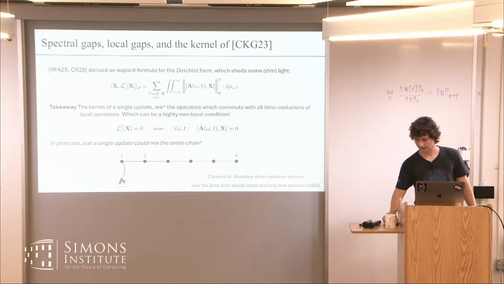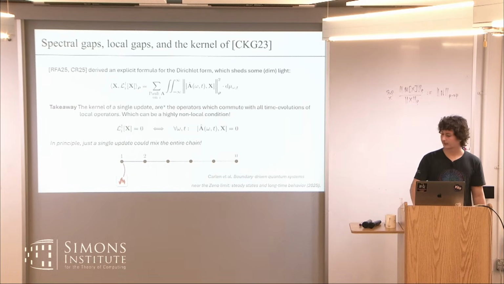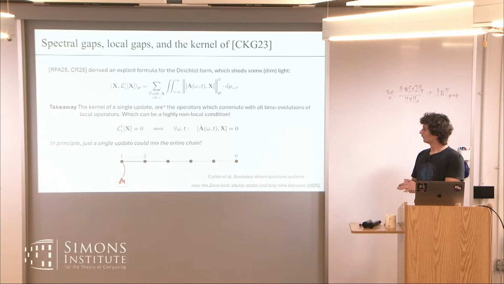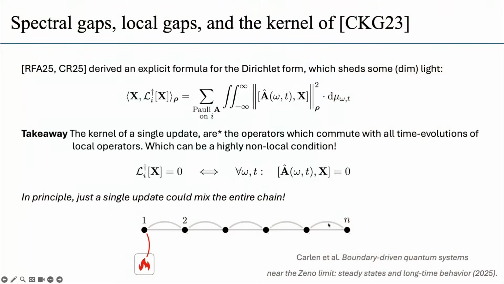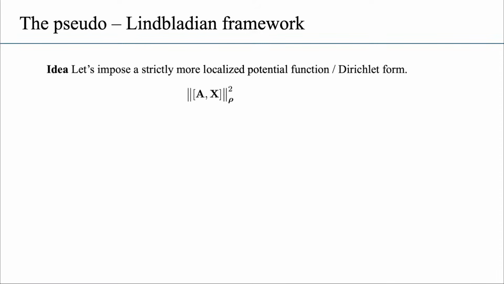Okay, how am I doing on time? Okay, so good. With that, the entire insight is to observe that we cannot locally characterize the fixed points of the local dynamics, and to replace it by a strictly more localized dynamics. So what we'd like is a potential function which quantifies how non-trivial an operator is at a single site instead of on many sites.